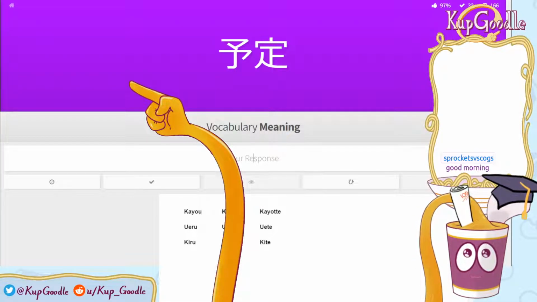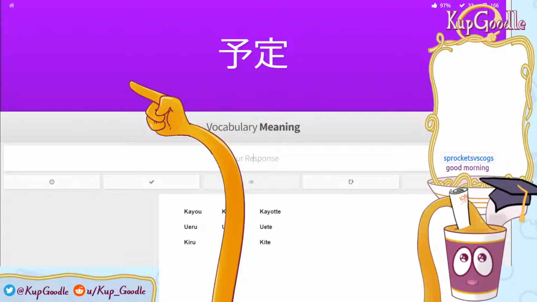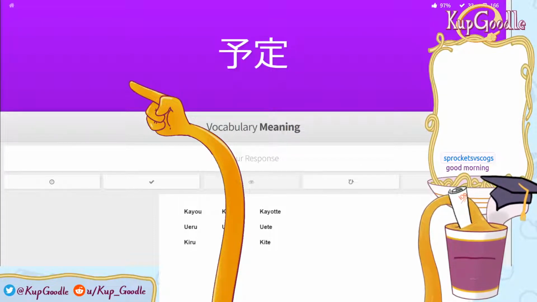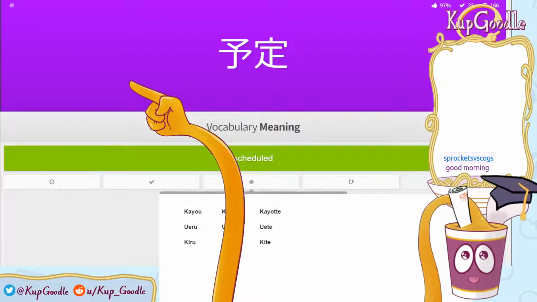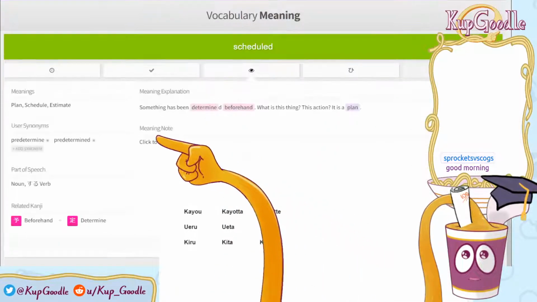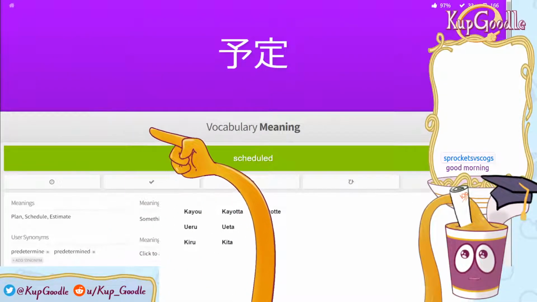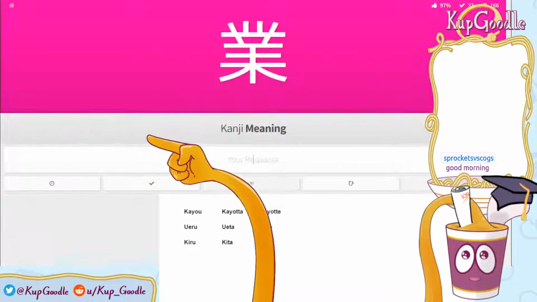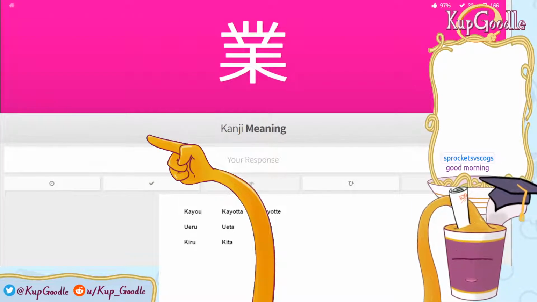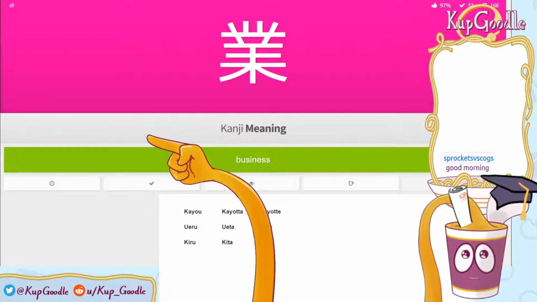That is yote, and decided beforehand, to be scheduled or pre-planned or something like that. Plan, schedule, estimate. Your estimate, your plan, your schedule. Pre-planned. Maybe I should have put pre-planned, but it means business.